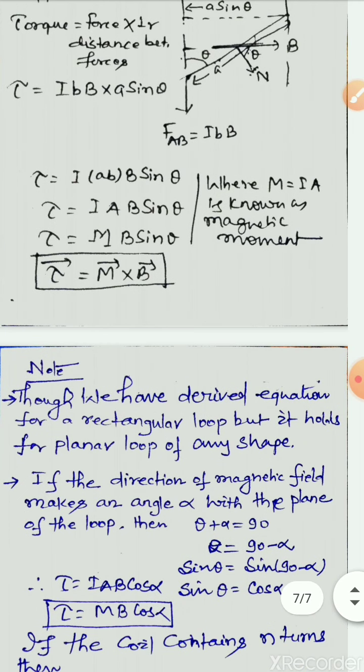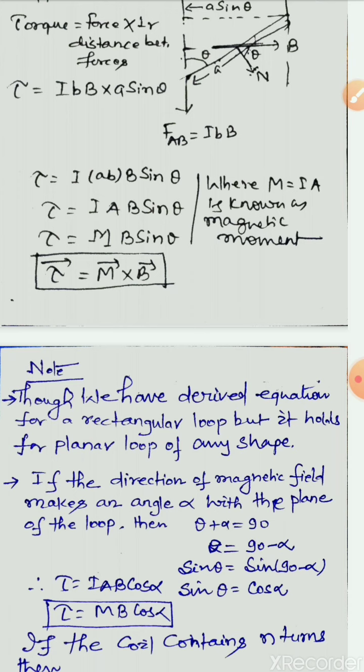Now, important points regarding torque. Though we have derived the equation for a rectangular loop, it holds equally good for a planar loop of any shape and size. Second thing, if the direction of the magnetic field makes an angle alpha with the plane of the loop, then theta plus alpha is 90 degrees.